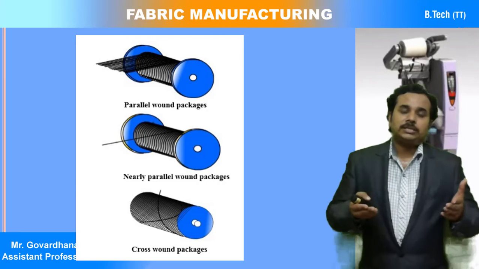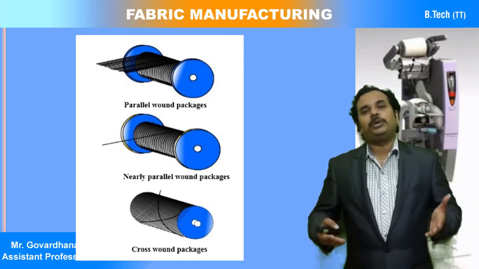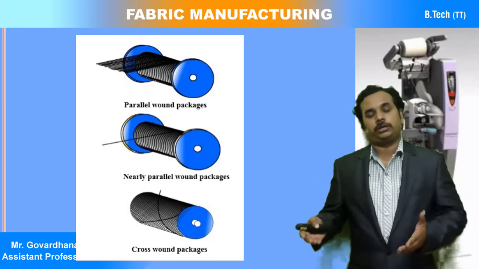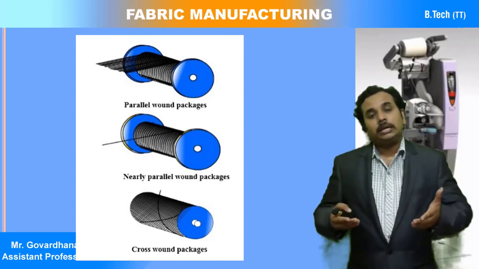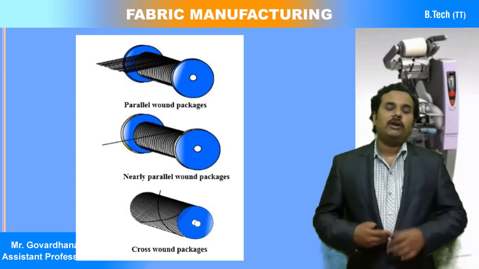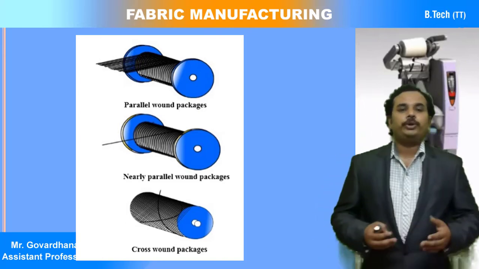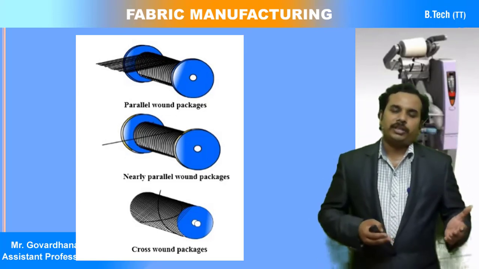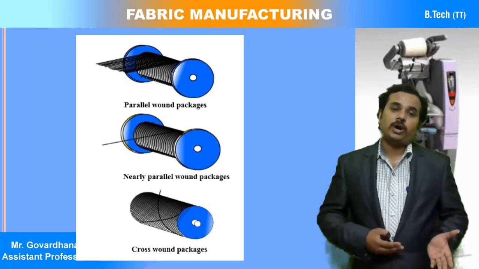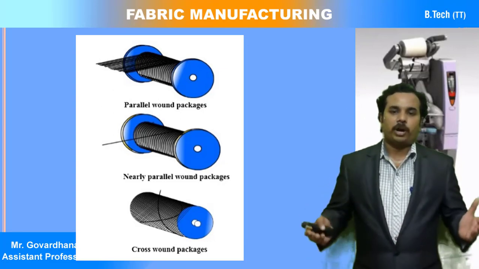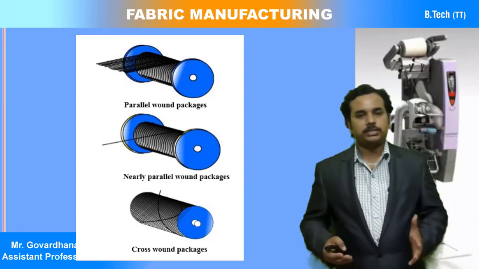An example is a warp beam, which is used in the warping machine, or rather it is the output of the warping machine. In the warping machine we generally produce parallel wound packages, whether it is direct beam warping or sectional beam warping. There are different types of warping machines, we will discuss them in further classes.